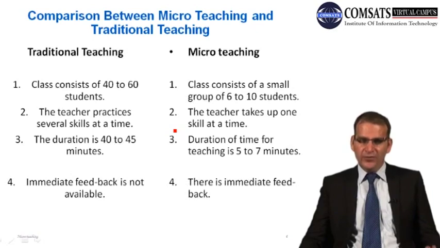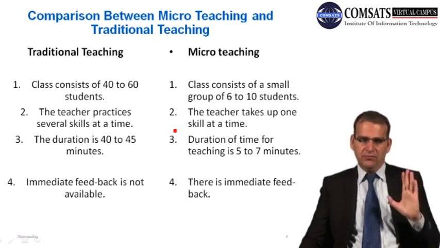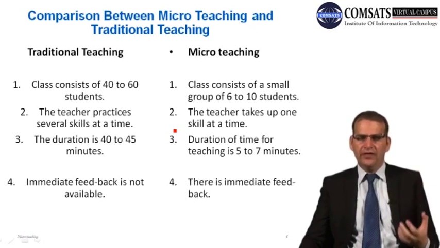The first point, if you see on the slide, is that a class consists of 40 to 60 students. Very common thing. In traditional teaching, you might have seen classes of 40, 45, 60 students, and even in some public sector institutions, more than 60 sit in the class.